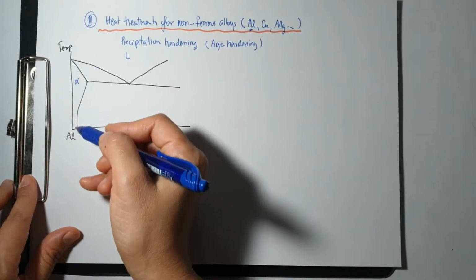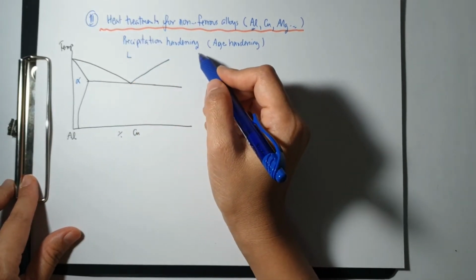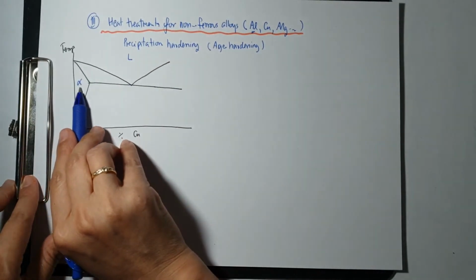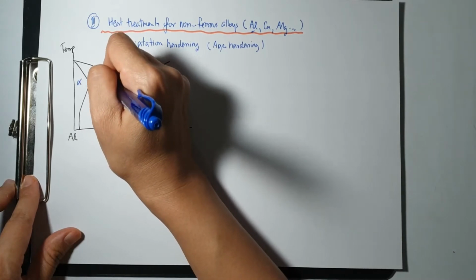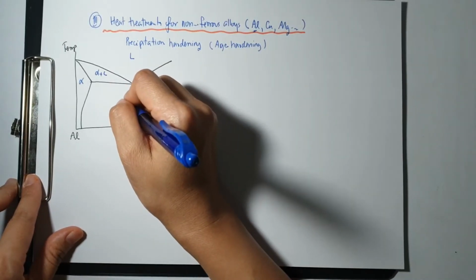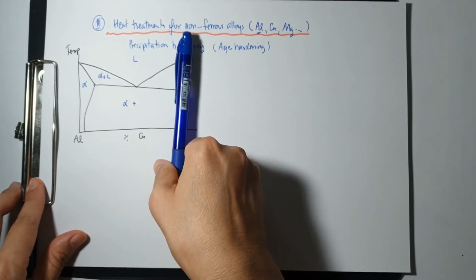That is very important. That is the first start when we talk about precipitation hardening. Over here is the alpha solid solution. Right here, alpha plus liquid, and down here is the two-phase region, alpha plus the other phase over here.